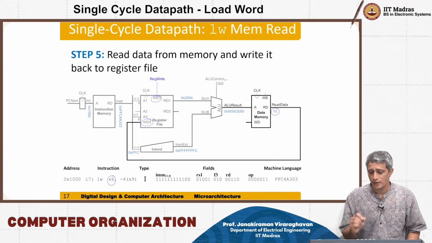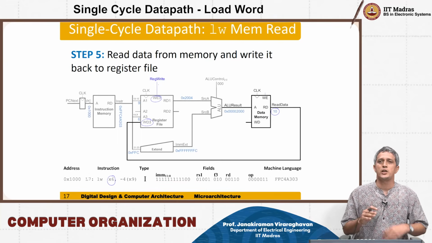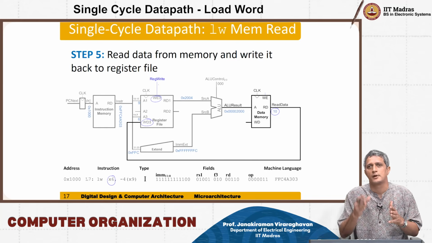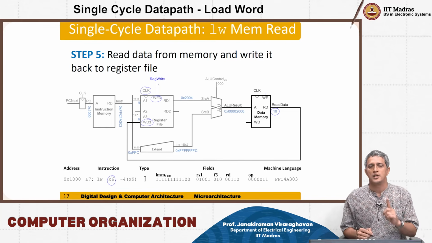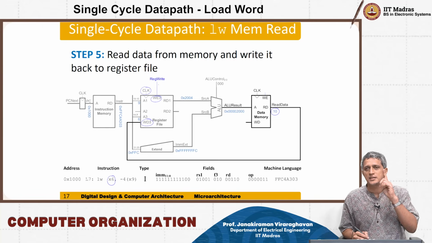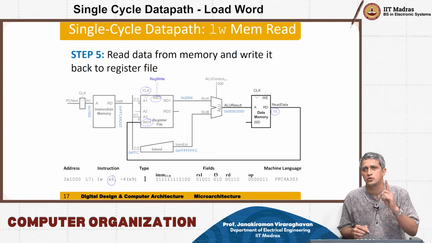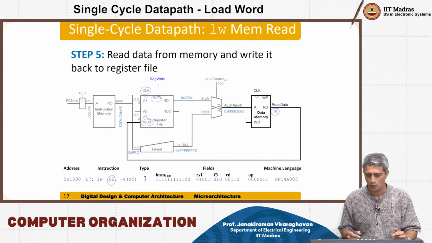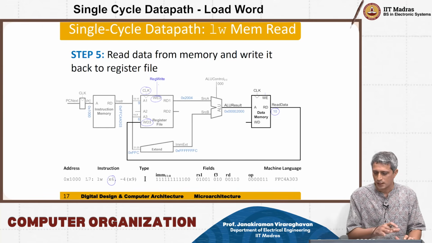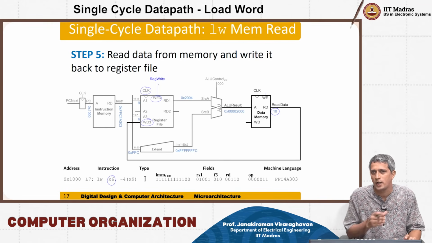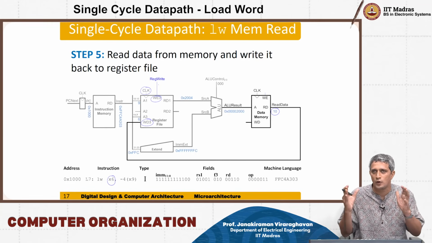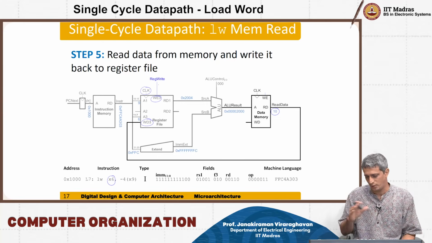What is very important is that you need to pulse this write enable, and you also need a clock, because the register file is a sequential write. It is only a combinational read. So this completes the data path that we wanted for this load word instruction.